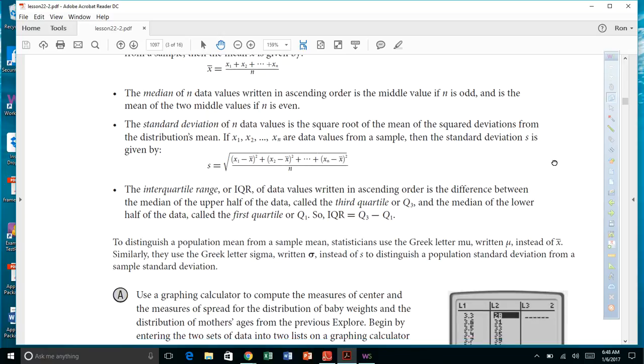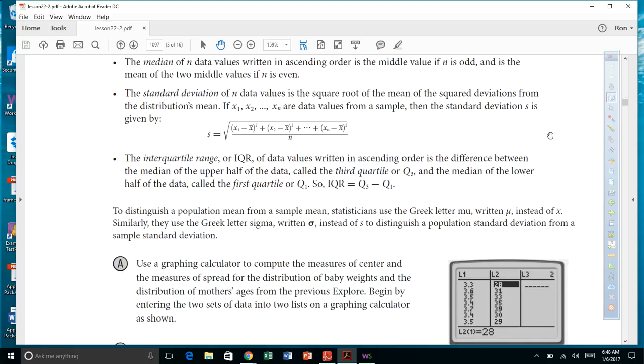The standard deviation of n data values is the square root of the mean of the squared deviations from the distribution's mean. If x sub 1, x sub 2, and so on to x sub n are data values from a sample, then the standard deviation S is given by S equals the square root of, in parentheses, x sub 1 minus x bar squared plus x sub 2 minus x bar squared plus, and so on to x sub n minus x bar squared, all divided by n.